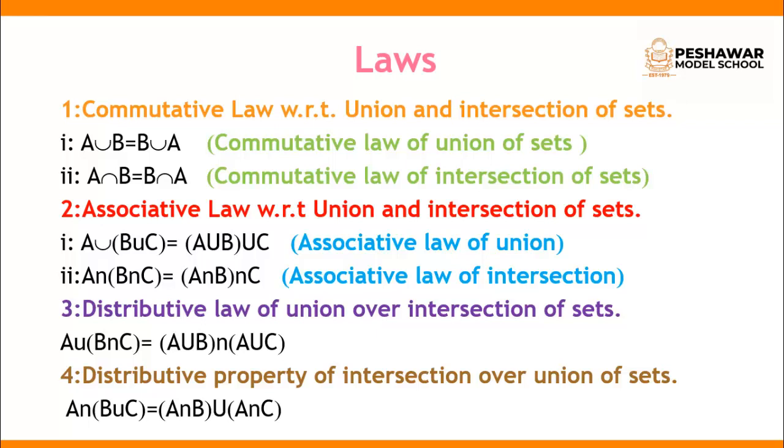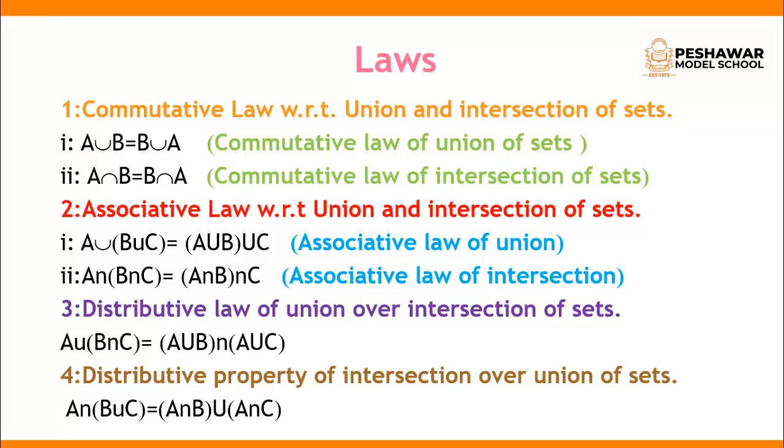In this law again the elements of set A, set B and set C are not changed in left hand side and right hand side, but the order is changed. First you have to see A union bracket B union C. Now on the right hand side we combine A union with B and then C should be separated.